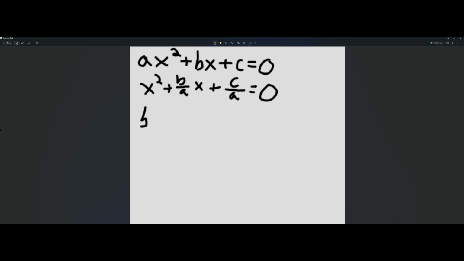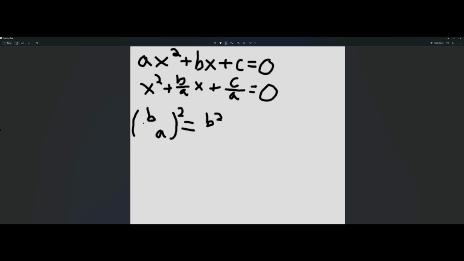B over 2a squared will give us b squared over 4a squared. Okay?